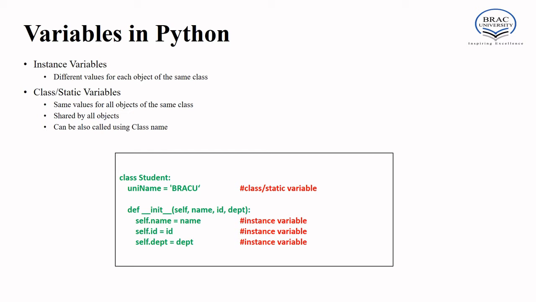ID is also defined with self.id. This is an instance variable. And lastly, the department is also another instance variable. So for differentiating static variables and instance variables, at first we have to look where the variables are defined.